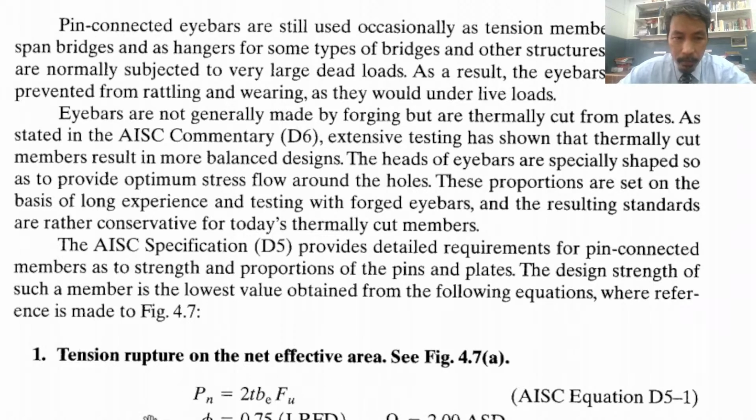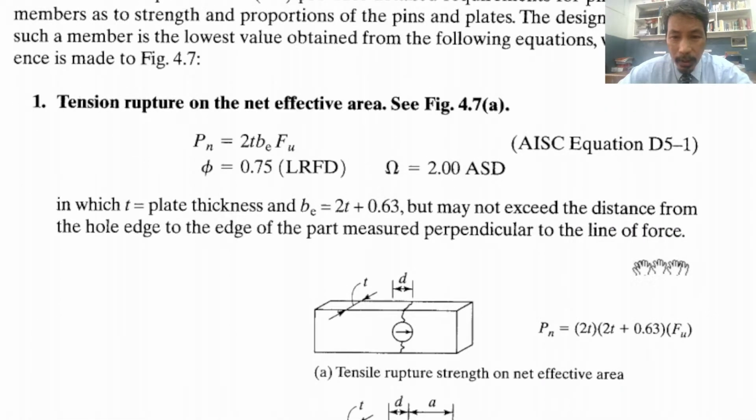While on this equation, we again have rupture. Rupture is only this one. This is the rupture. Also this is another rupture, but this is tensile, this is shear.